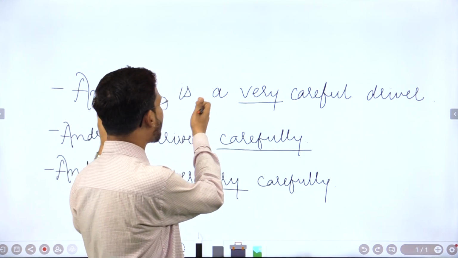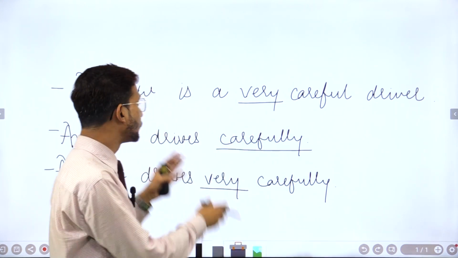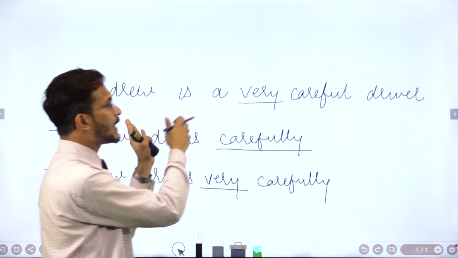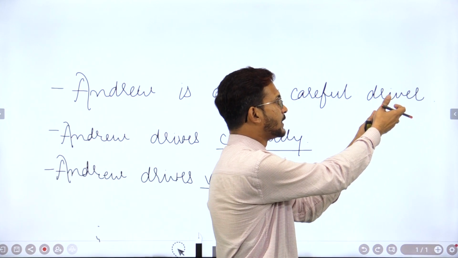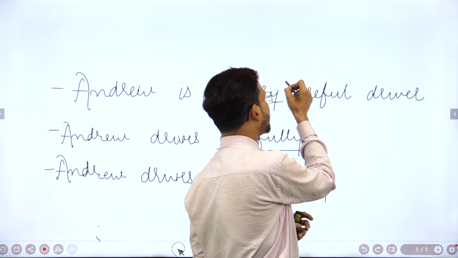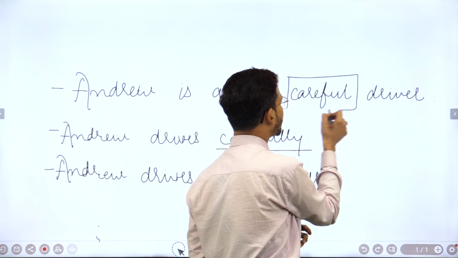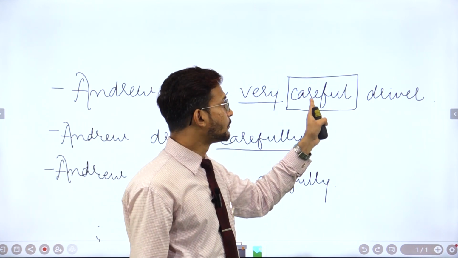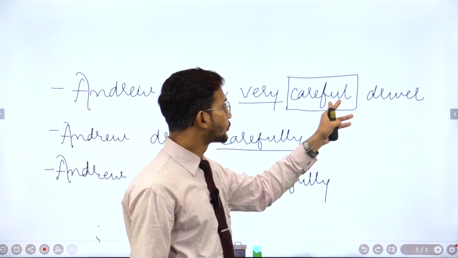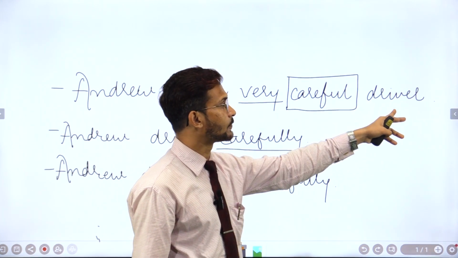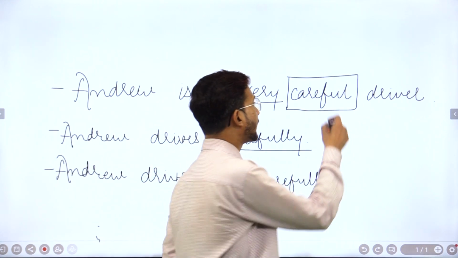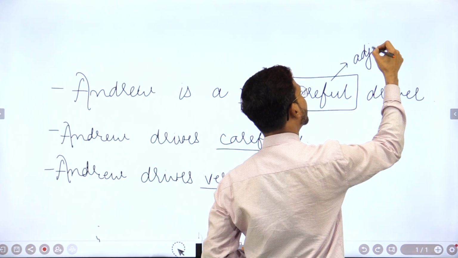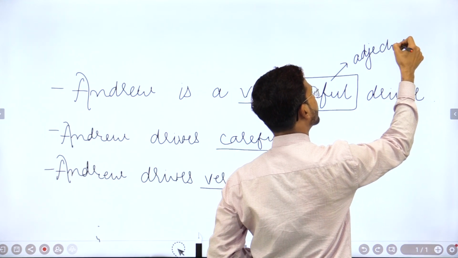Sentence number one says, Andrew is a very careful driver. We know that Andrew is the subject here, and driver is a noun. The word which comes before a noun defines that particular noun. So this word careful is defining this noun driver, hence this word is known as an adjective in English.